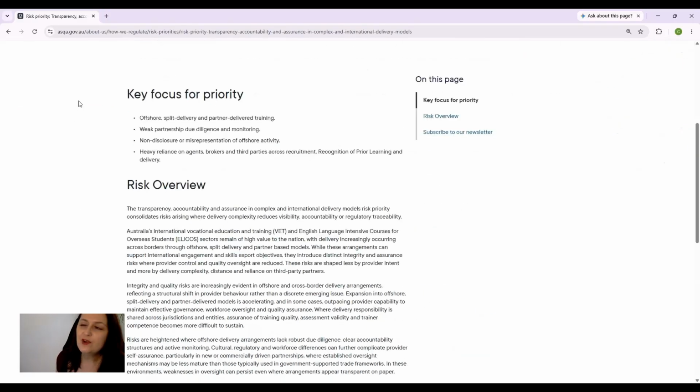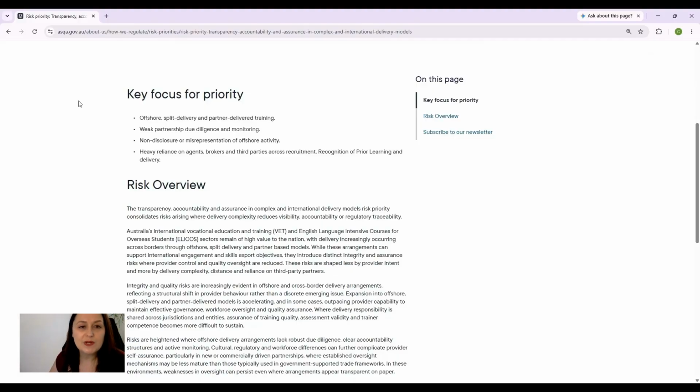So the key focus list: offshore split delivery and partner delivered training, weak partnership due diligence and monitoring, non-disclosure or misrepresentation of offshore activity, heavy reliance on agents, brokers, and third parties across recruitment, recognition of prior learning, and delivery.